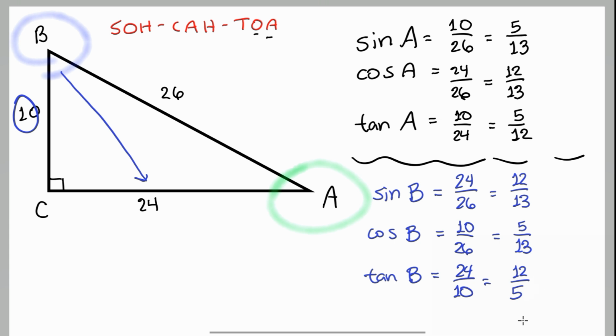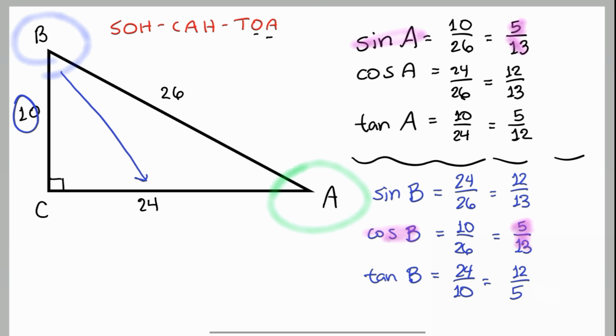Well, the two big things to notice here are what we have going on with the sine and the cosine. So for the sine of A, it's 5 over 13. Now that also happens to line up with the cosine of B being 5 over 13.